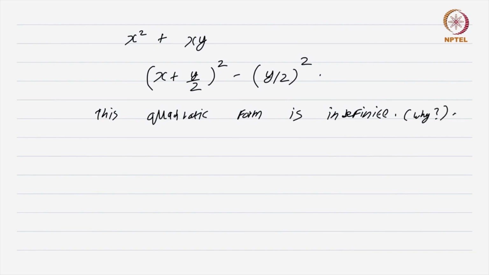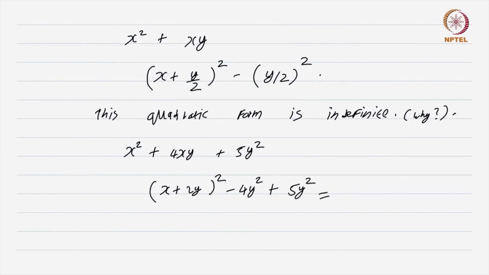Another example: look at the quadratic form x squared plus 4xy plus 5y squared. This is even easier. You complete the squares and get x plus 2y the whole squared minus 4y squared plus 5y squared, which is x plus 2y the whole squared plus y squared, and this is positive definite.